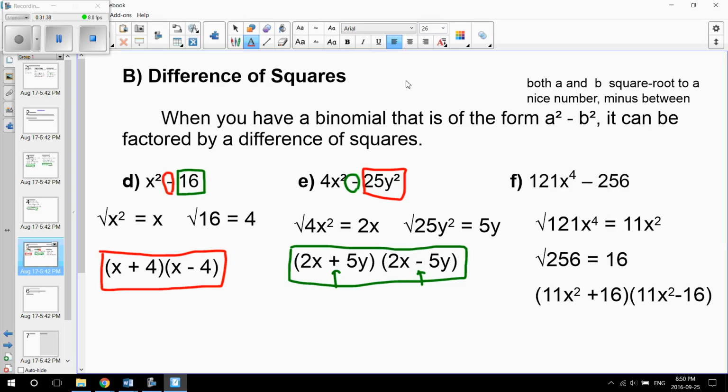Now, in this case, because we still have something that has an x squared in it, we want to see if we can factor anything further. So let's take a look at this term right here.